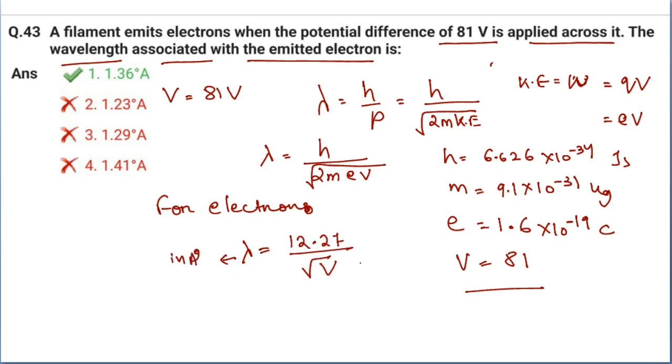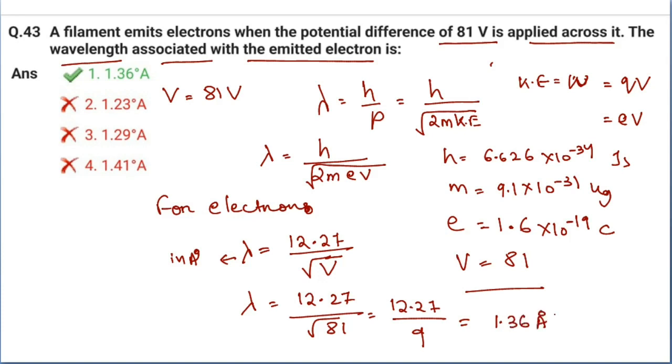So if we put the value of V over here, lambda is equal to 12.27 by under root 81, that implies 12.27 by 9, and it will be 1.36 angstrom. So here the answer is option 1, 1.36 angstrom.